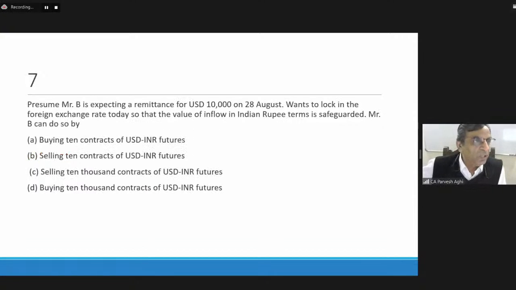So now let's go to 7. Presume Mr. B is expecting a remittance of US $10,000 on 28th of August. He wants to lock in the foreign exchange rate today so that the inflow of Indian rupees is safeguarded. B can do so by buying 10 contracts, selling 10 contracts, selling 10,000 contracts, or buying 10,000 contracts.